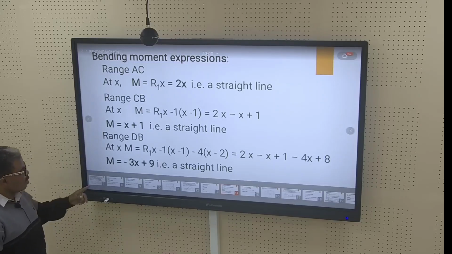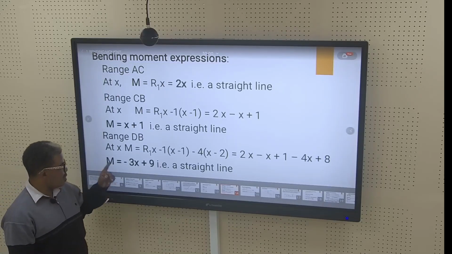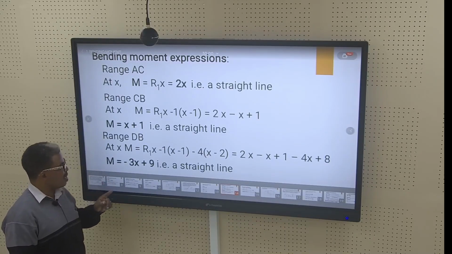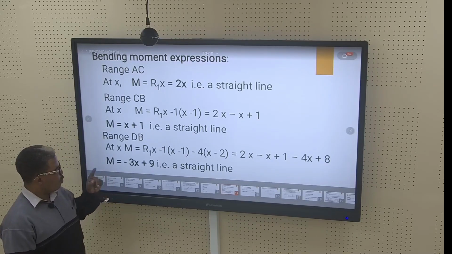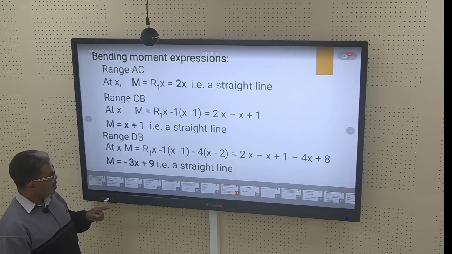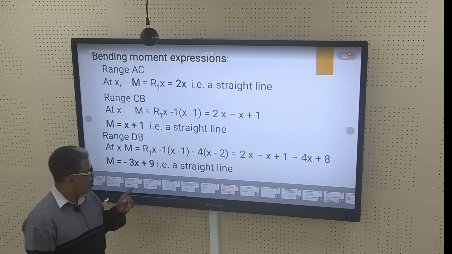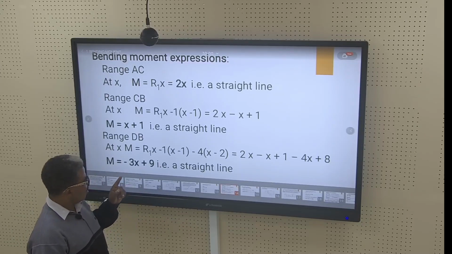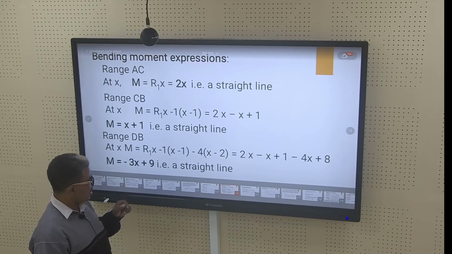At the range of DB, we have to start with R1 as well. R1 times X minus the load of 1 kilonewton, in the bracket, the distance total is X minus 1, minus 4, the load of 4 kilonewton, in the bracket, X total, we regard the total distance, minus 2.